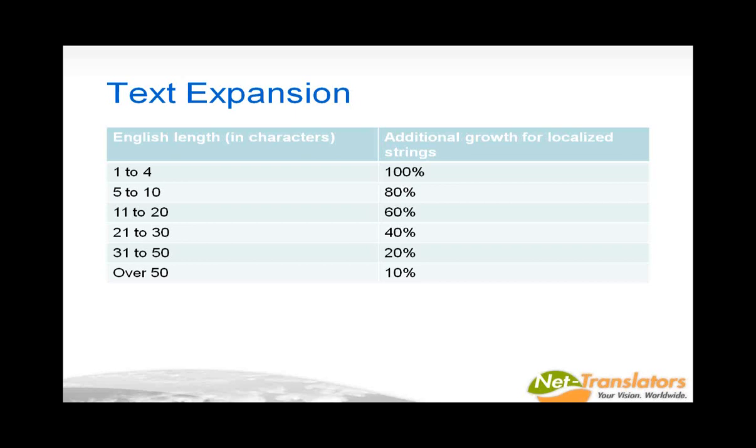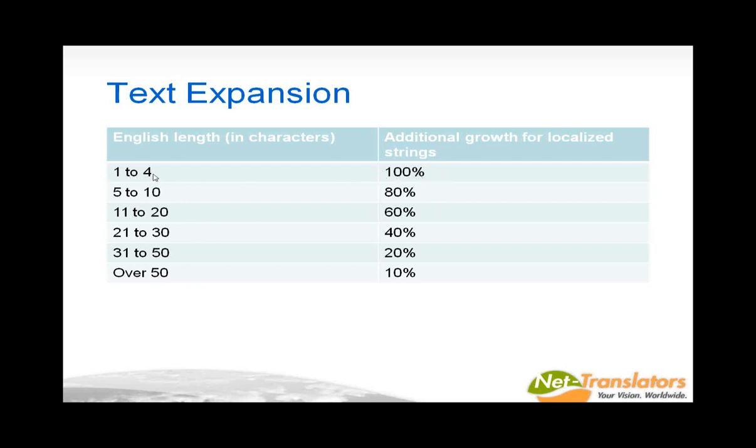Now, for you out there who may have gotten different statistics, I want to point out that this is taken from past Visual Basic localization projects, so blame Microsoft if you must. Looking at this, you will notice that the text expansion can range from 100% to 10%. In other words, if we look in this column here, we see the number of source characters in the string and the amount of characters that you have to take into account to account for text expansion.